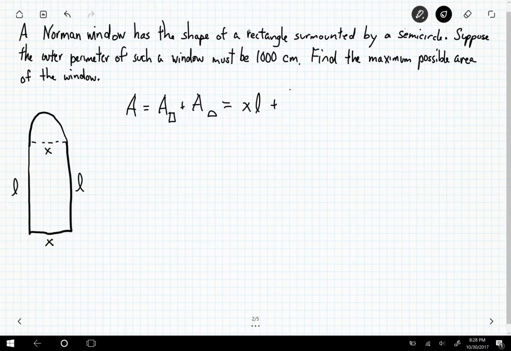The area of a circle is pi r squared. Well, r is going to be 1/2 of x, because x is the full diameter. So pi times 1/2 x, and then we square that quantity. On top of that, we only want half of that area, so we go with half there.